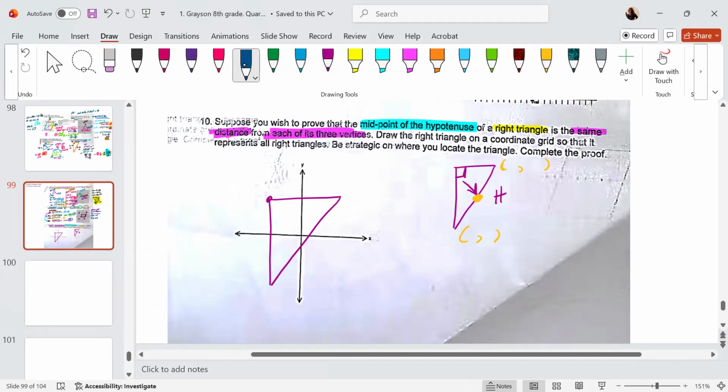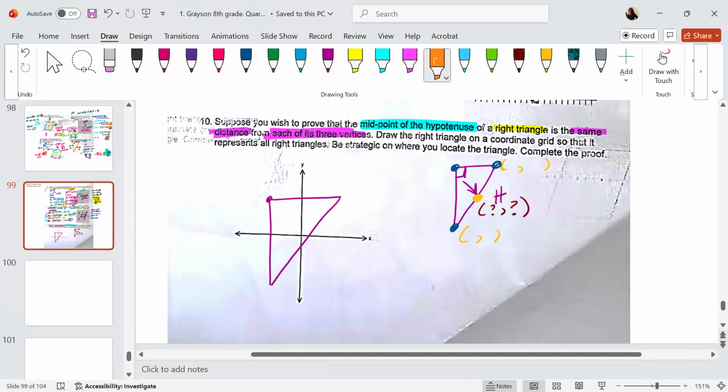The three vertices are this point here, and this point here. So what it's saying is, what can this midpoint be, correct?